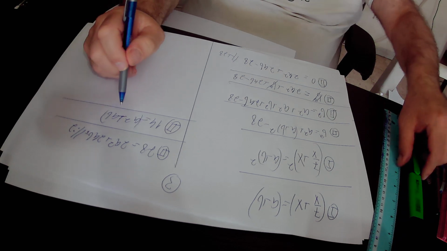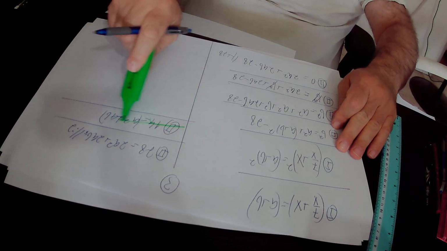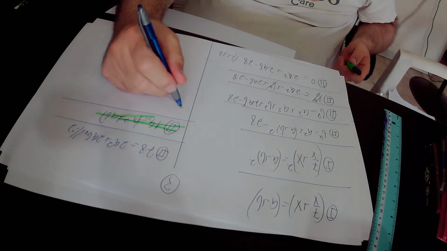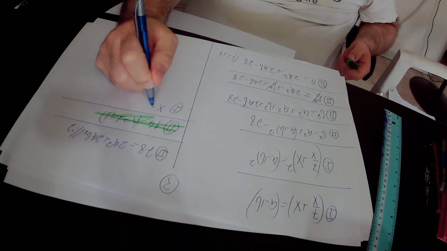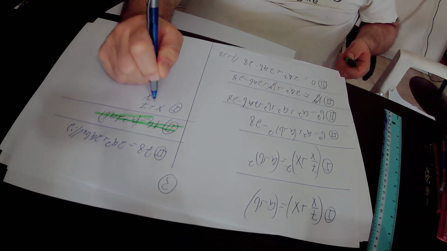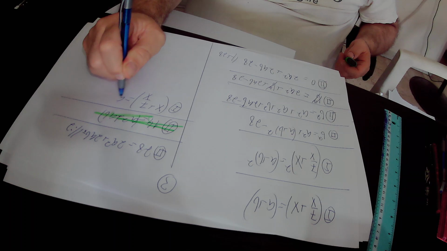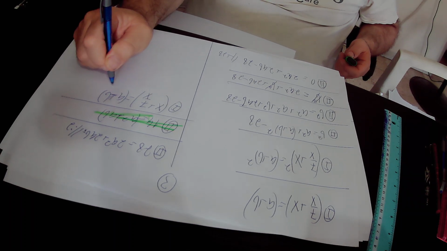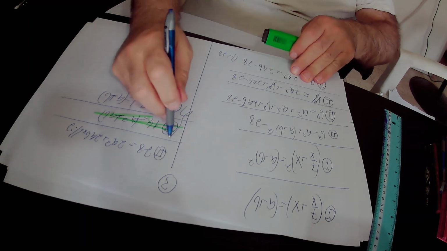While according to equation 1, we already found that x plus 7 over x equals a plus b. So we have here two equations.